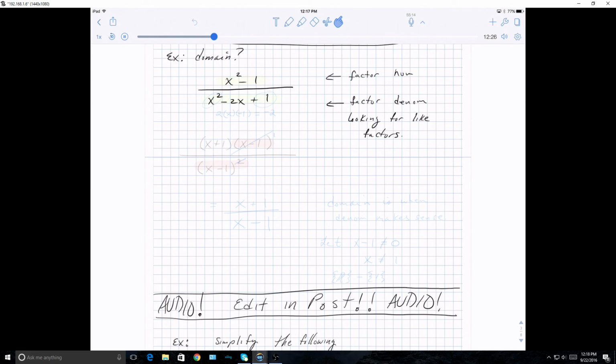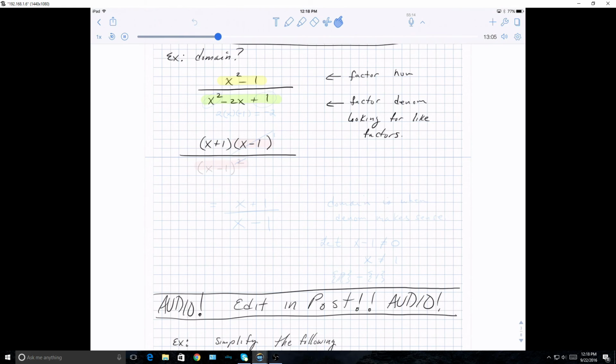Okay, so what we do know is that x squared minus 1 is the difference of two squares. So that tells us that we have x plus 1 times the quantity x minus 1. And the denominator here, what we notice is that this is a perfect square.